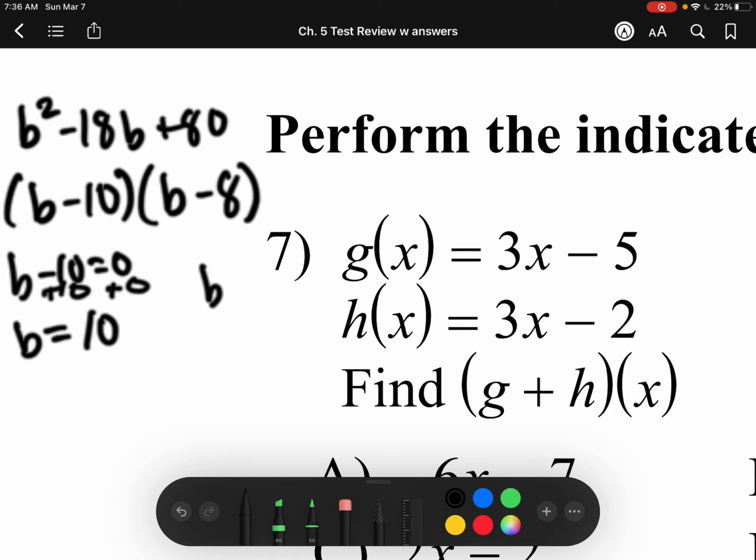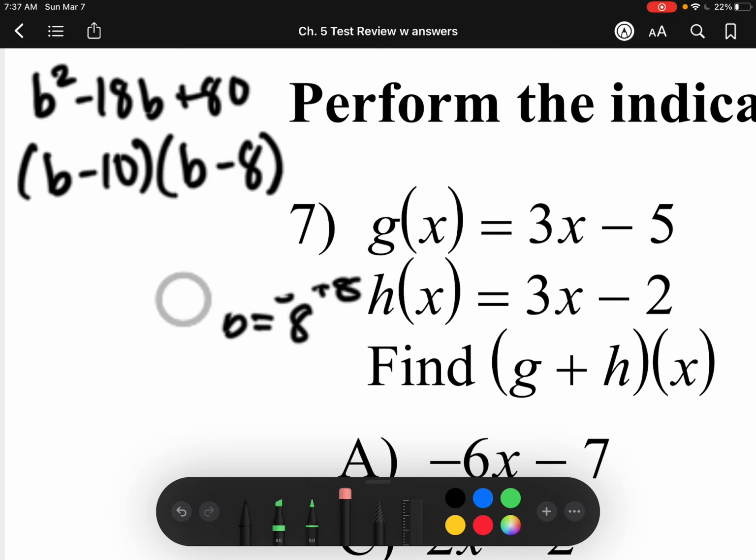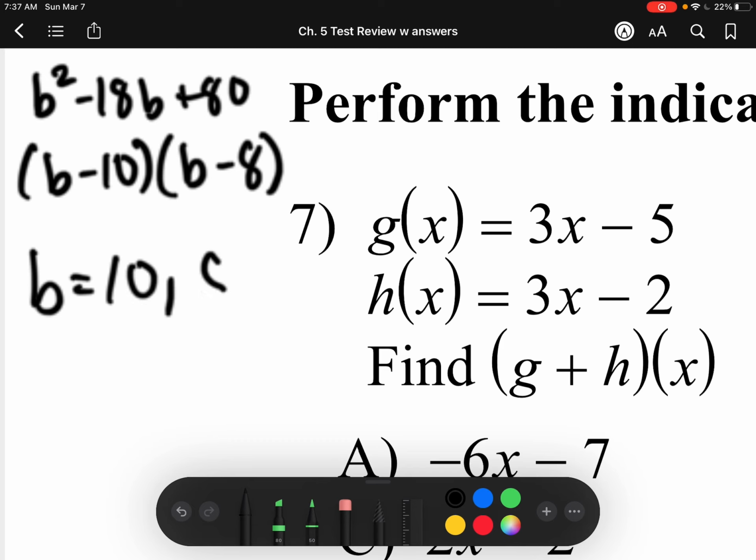And over here, you'd get b minus 8 is equal to 0, and you would get b is equal to positive 8, right? You add 8 to both sides. So our two answers are positive 10 and positive 8. So b is equal to 10 and 8.